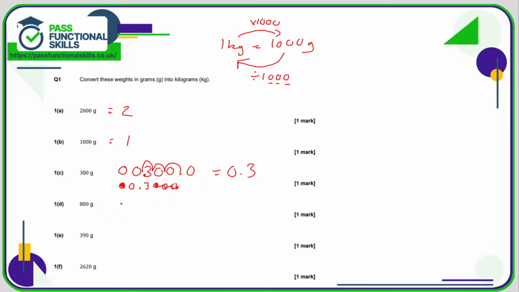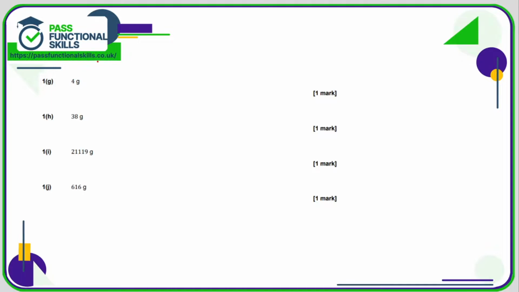So 800 is going to be 0.8, 390 is going to be 0.39, and 2,620, 2620.0, move the decimal point 3 positions, so that's going to be 2.62. 4 grams, I'm going to write that as 4.0.